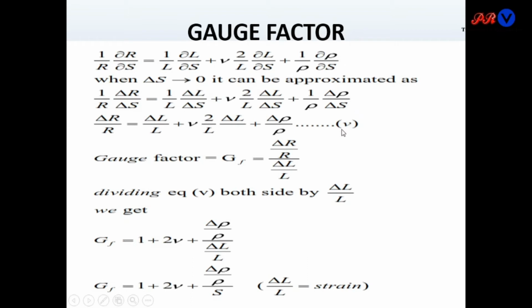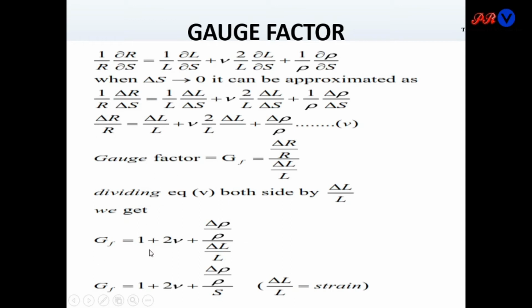equation number 5. Here we have the gauge factor, which is defined as the incremental change in resistance to the change in length. When we divide the fifth equation by delta L by L, delta R by R divided by delta L by L becomes equal to the gauge factor GF.